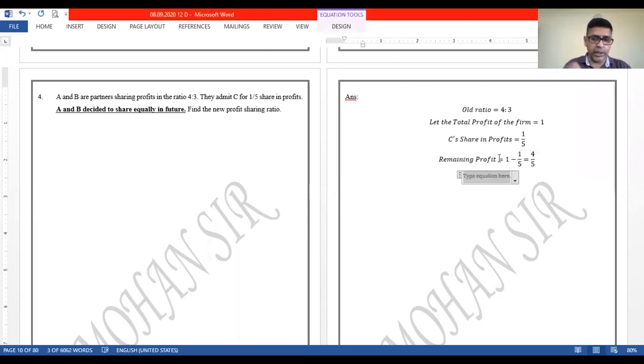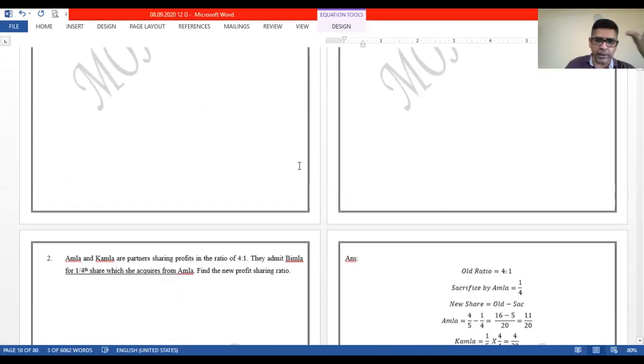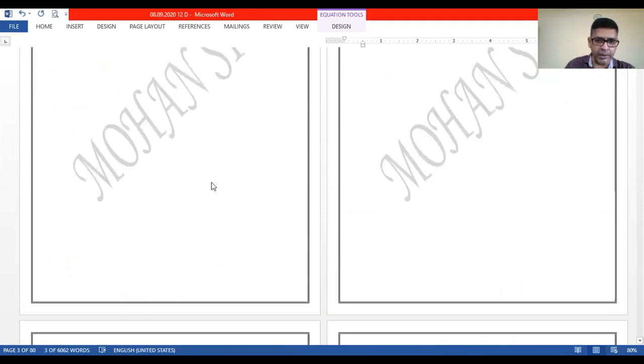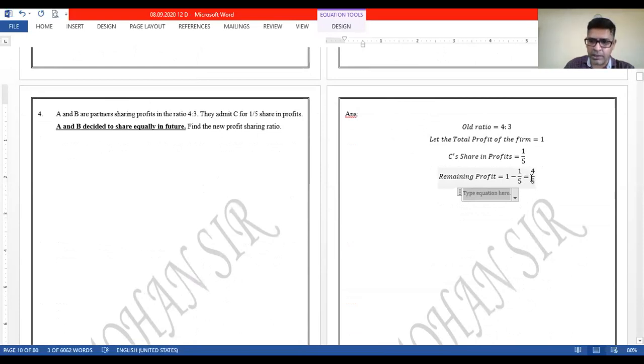Now what? This remaining profit belongs to A and B, right? In what ratio? In the first sum that we solved, if you look at the part I marked with yellow, the remaining part was 3 by 4, shared by A and B in the ratio 3 to 2. But for a change in this sum, what is the information given? The remaining part is 4 by 5.